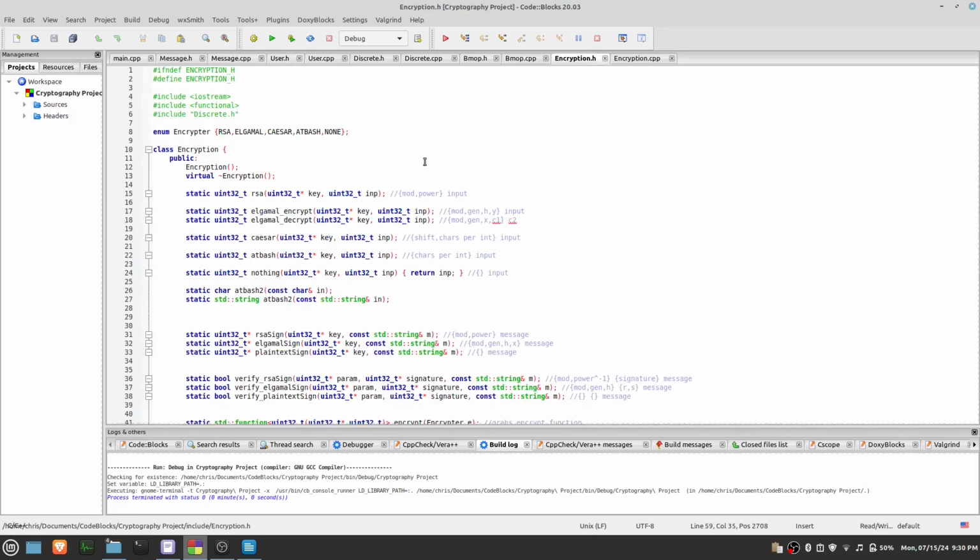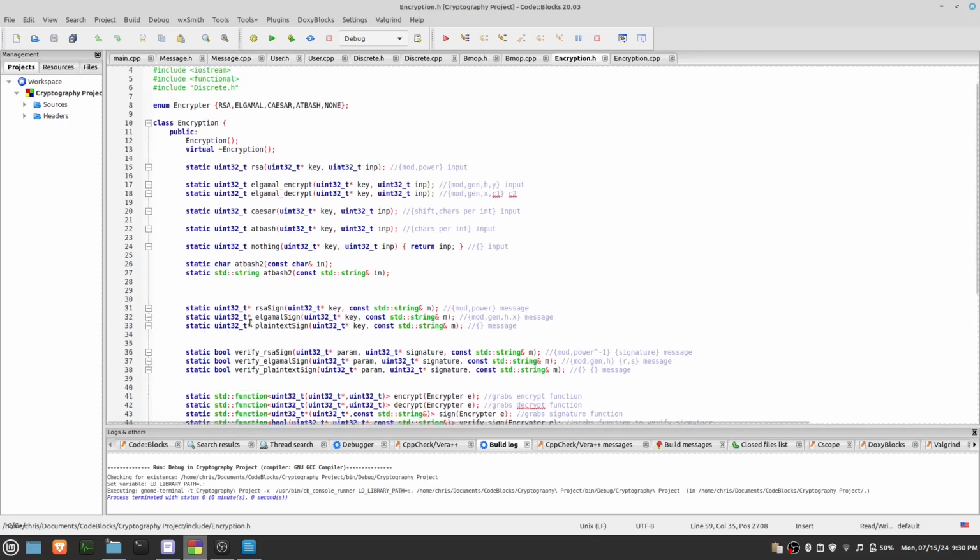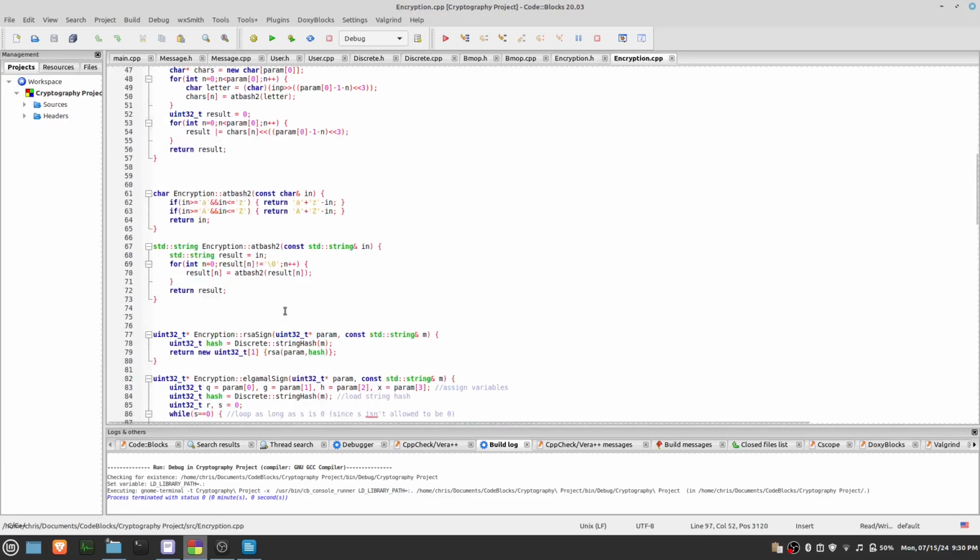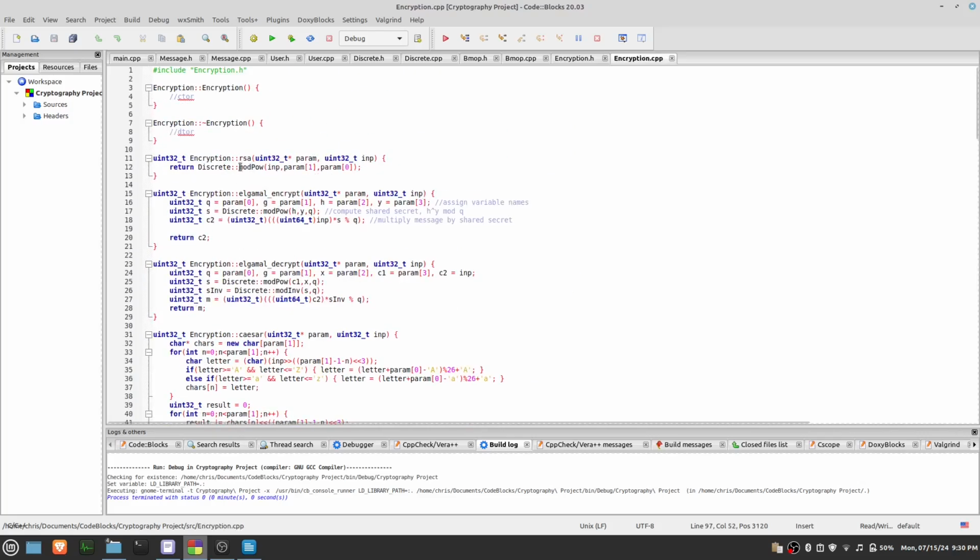Anyways, so now that that's done, let's finally talk about the encryption scheme. So first we talk about RSA. RSA is extremely simple. All you do is take the input, 32 bits in this case, raise it to the power of the exponent, modulo the modulo, and that's how you do it. And RSA encryption is the exact same as RSA decryption.